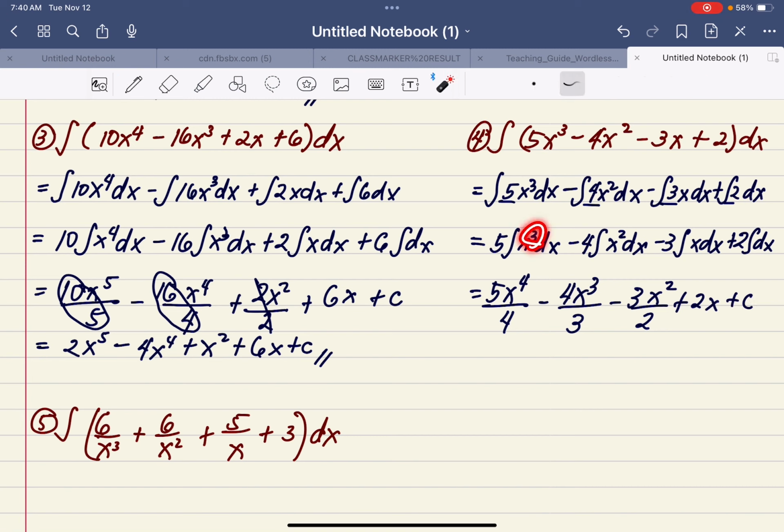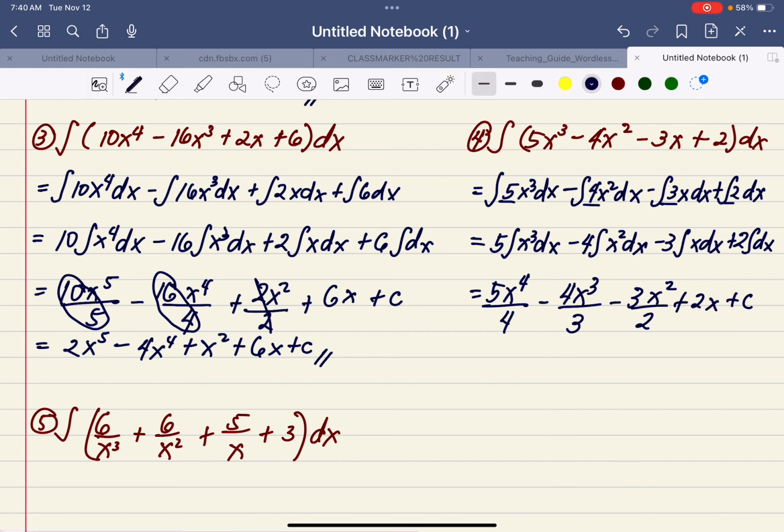So 3 becomes 4, 2 becomes 3, 1 becomes 2, and divide each term by the exponent. So 4, 4, 3, 3, 2, 2. So here 1, 1. Okay.